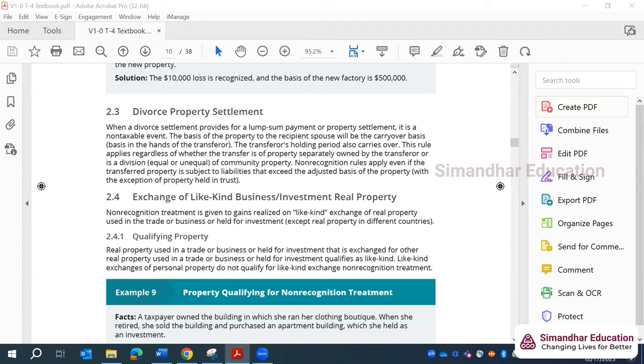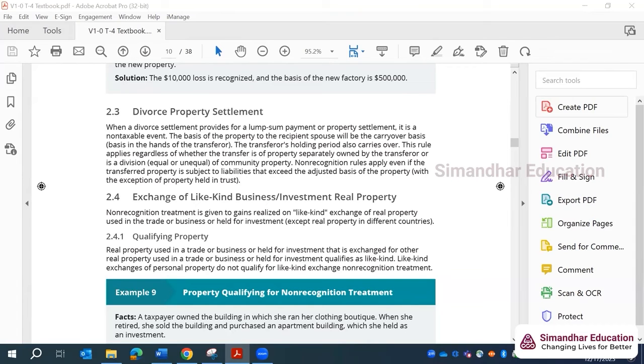All right. So we have done 2 transactions till now. We've done the involuntary conversion and we have done the homeowners exclusion. Now the second transaction where there is no gain pickup, that means you exclude the gain, is a divorce property settlement.